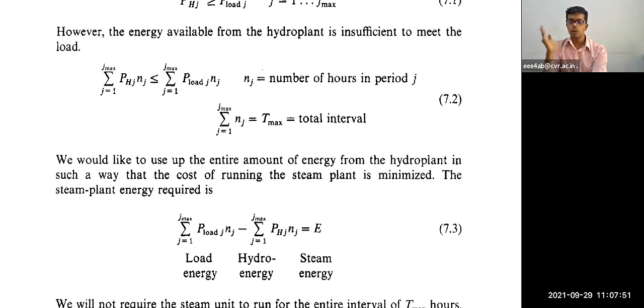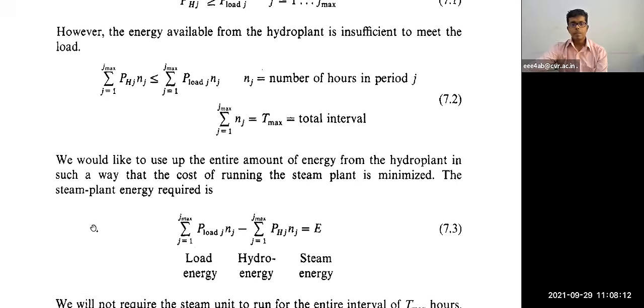Say for example, in 24 hours, we are running the hydro maximum 20 hours, and the rest 4 hours we give that schedule to the steam power plant. Then the running cost of the steam power plant is minimized. Automatically, it might be minimized.